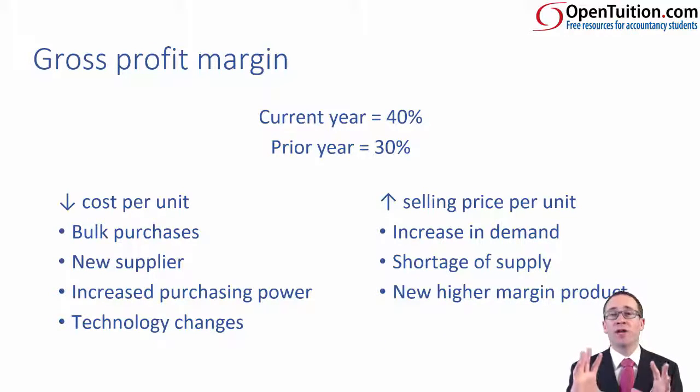It could be that you've decided to change the products that you sell. So maybe now you're selling a new higher margin product. Maybe that product isn't just a product that can be pieced together by people when they get it home. So IKEA, a lot of the things that you buy from IKEA, the Swedish superstore, it is flat pack furniture, isn't it? You take that flat pack furniture home, you try and put it together. You don't need anybody else to do it.